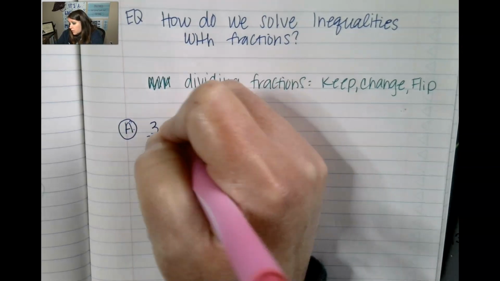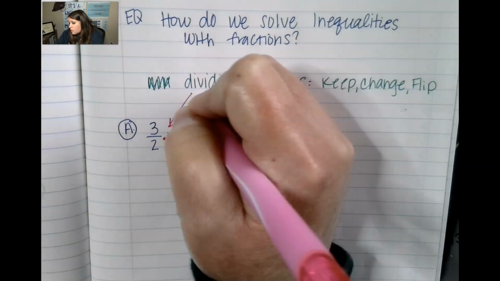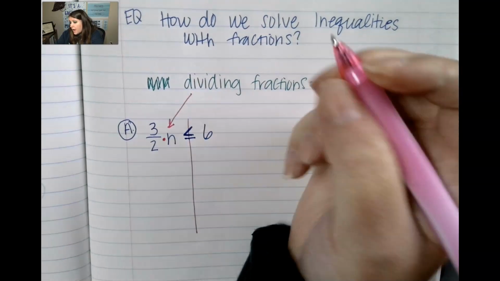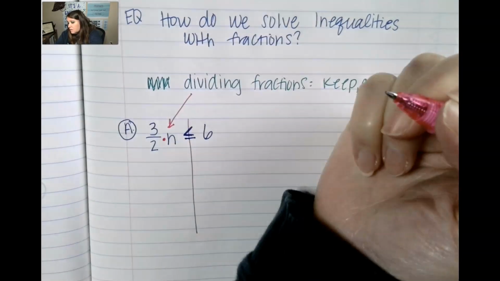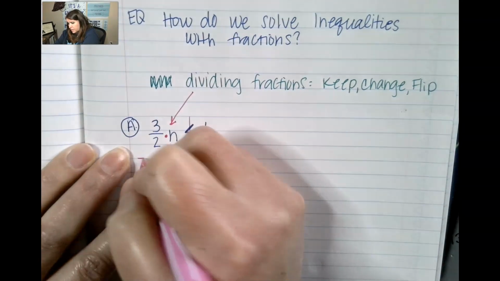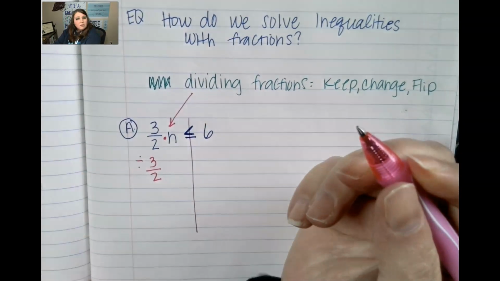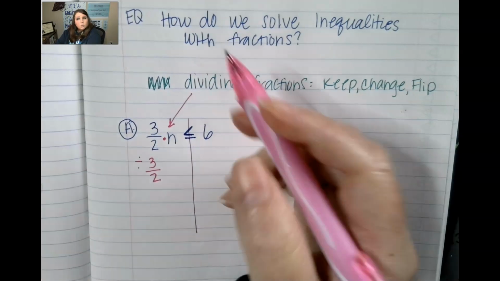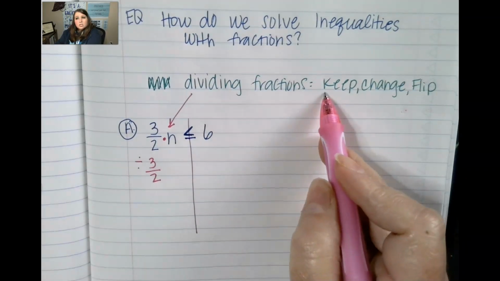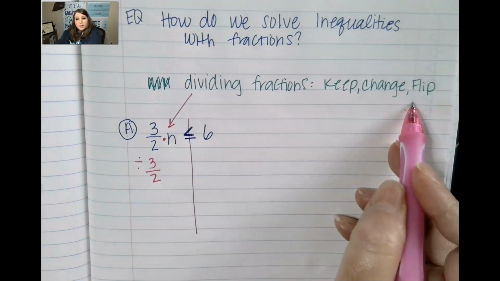So multiplication, we're going to do the opposite and we're going to divide the fractions. So we would divide by 3 over 2. Now, we can't just divide by 3 over 2 because when we do this, we need to do keep, change, flip.